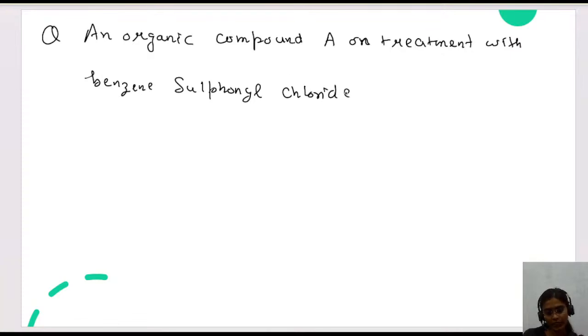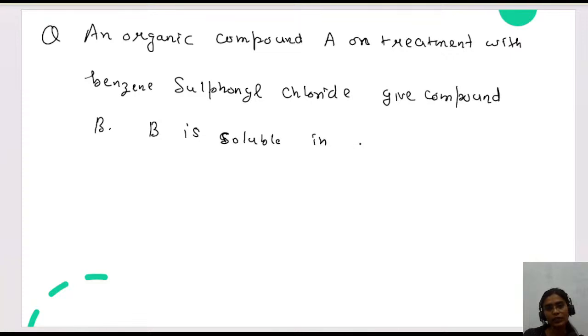gives some compound B. Now you have to identify what B was. Wait for the second statement: B is soluble in diluted NaOH solution. So you have to identify what A is.